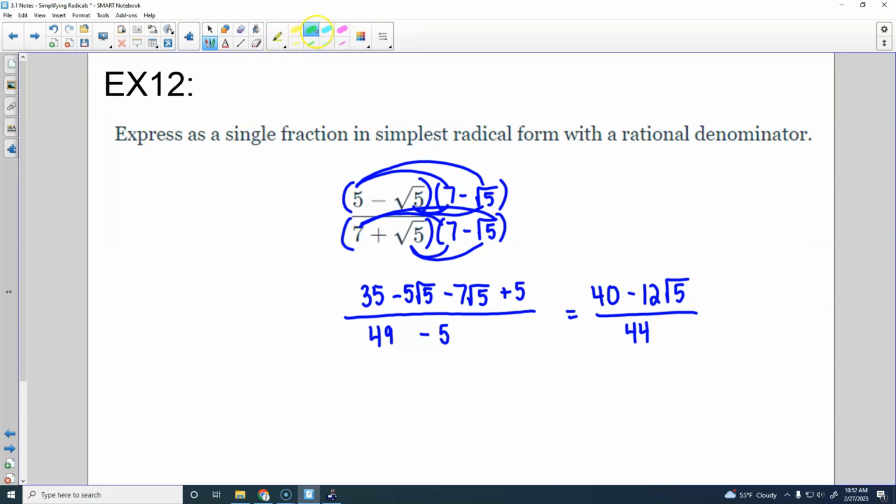And I'm looking to see if this will reduce. I'm looking at these three numbers here. It's got to be all three of them, not just one of them. And so what would go into all three of those? 4. So if I divide all these numbers by 4, we will get 10 minus 3 square root of 5 over 11.